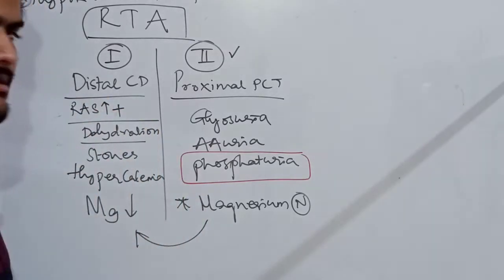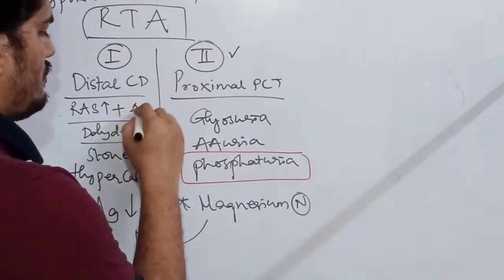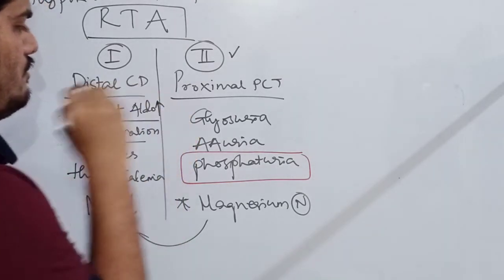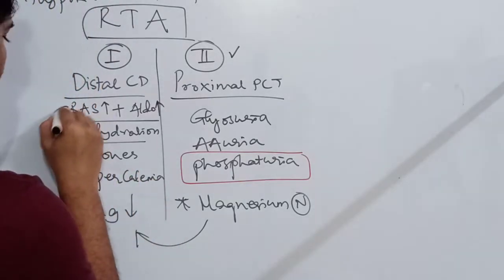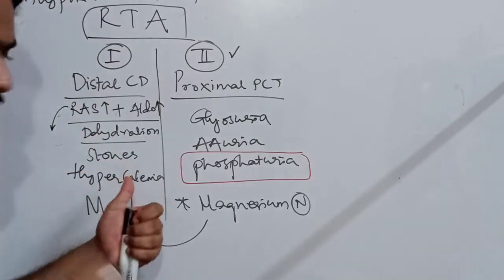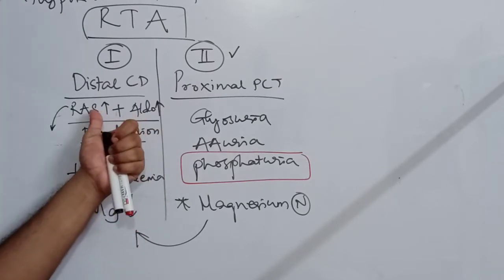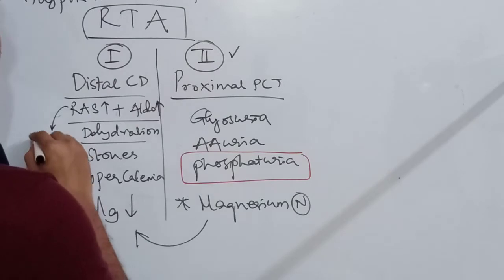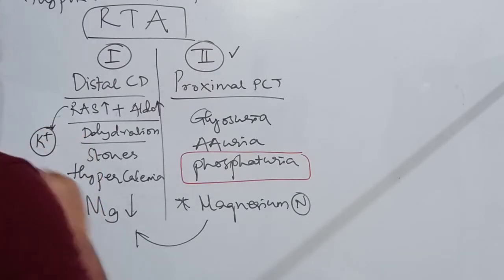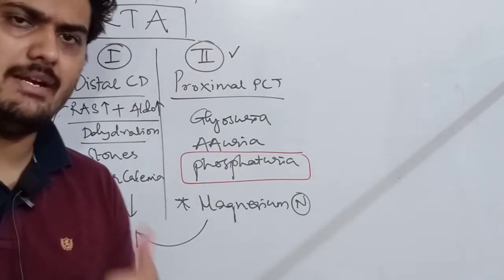When the RAS system is excessively active, even the aldosterone activity is also increased. Why is it important to know? Because when this spectrum, that is dehydration, RAS activity and aldosterone activity, is increased, again it leads to throwing out of all the potassium that remained.